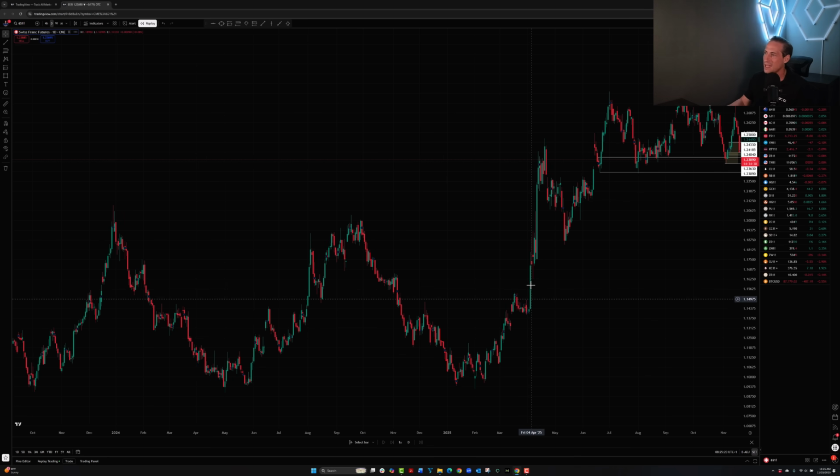And then price came back into that area. And then you see the opposing force, which was demand, overpowered. It was so strong. So the demand zone was so strong that it went through that supply area. And on the way up, it created a new demand zone.